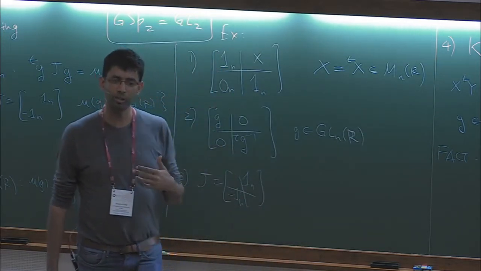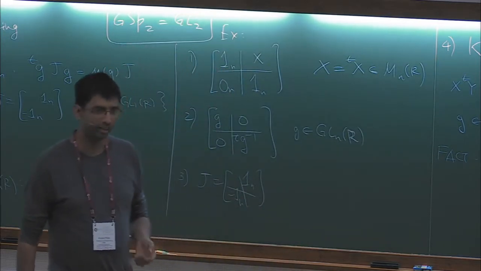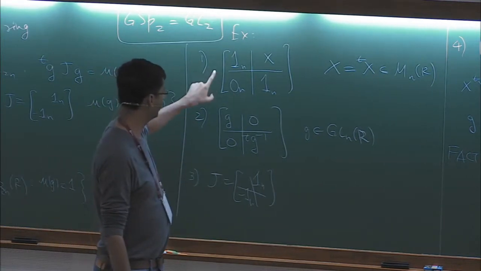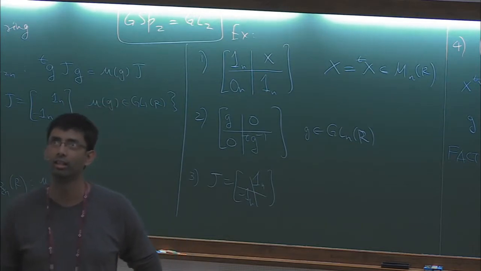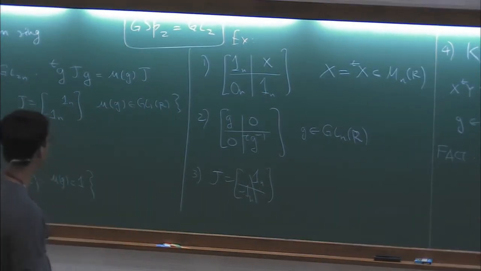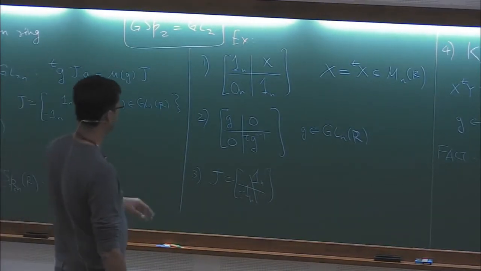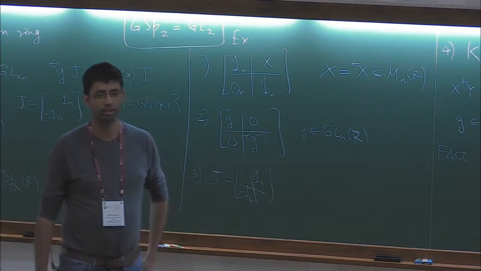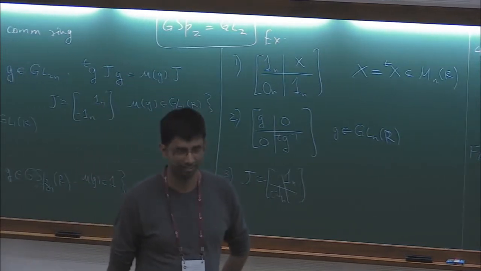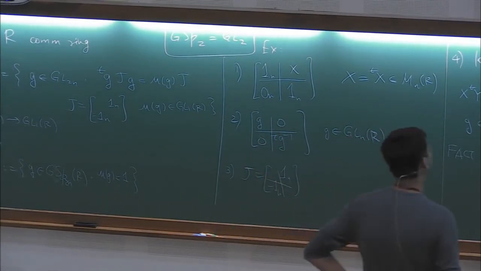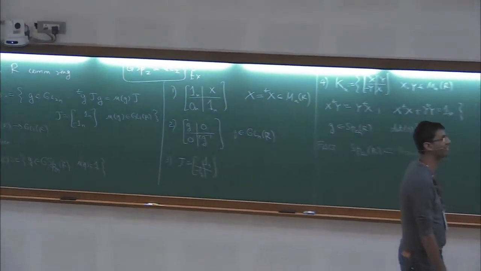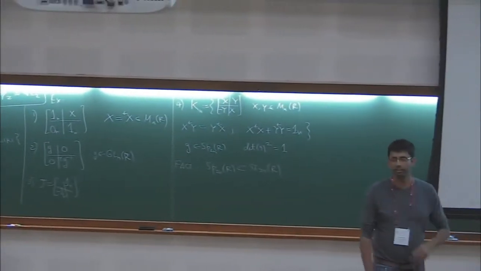If you look at sp2n(Z), then it's generated by these guys, but sp2n(R), no. Right, you're absolutely right. Yeah, so that's a much easier proof.